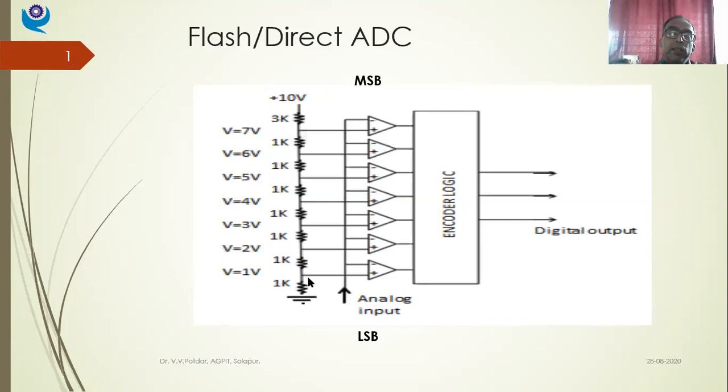So at each non-inverting terminal, corresponding to this resistance, based on the 10 volt of impressed voltage, because of this 1K resistance, at this op-amp I am providing 1 volt. And as we know, V is equal to IR. The current will vary, and you have 1 volt provided at this first operational amplifier.